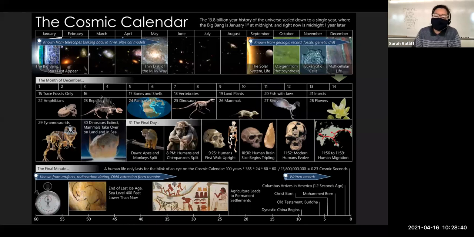And finally, in October, after millions and billions of years from the beginning of our universe, we're finally on Earth and we're creating oxygen from photosynthesis. November, we're getting our eukaryotic cells. They're going through endosymbiosis. And it's not until December, the very last month, that we're getting multicellular life, things that are more than one cell.